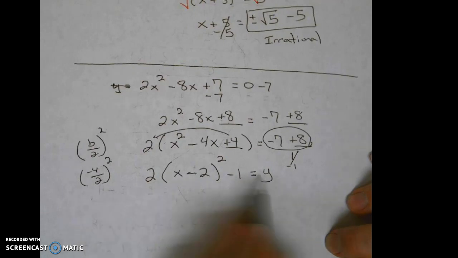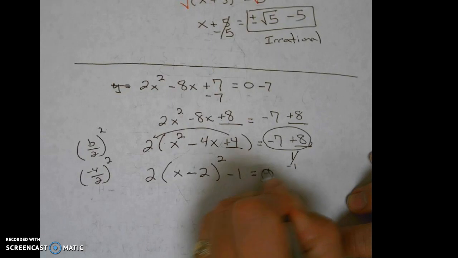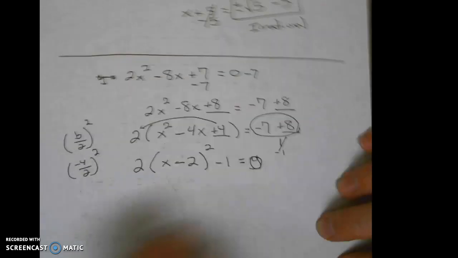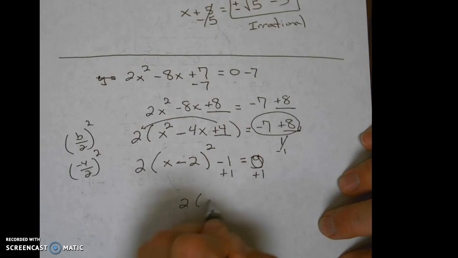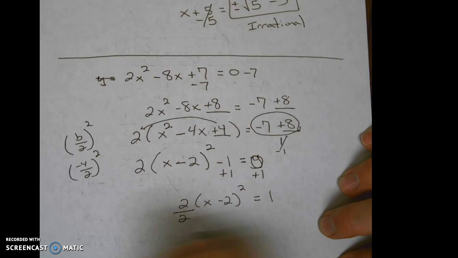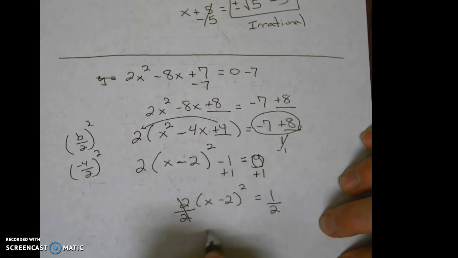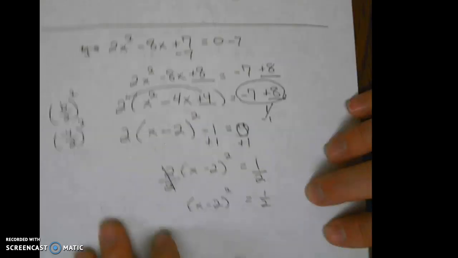Although now, if we were solving in vertex form, we'd have to set it equal to 0, add 1, divide by 2, one half. Aha!